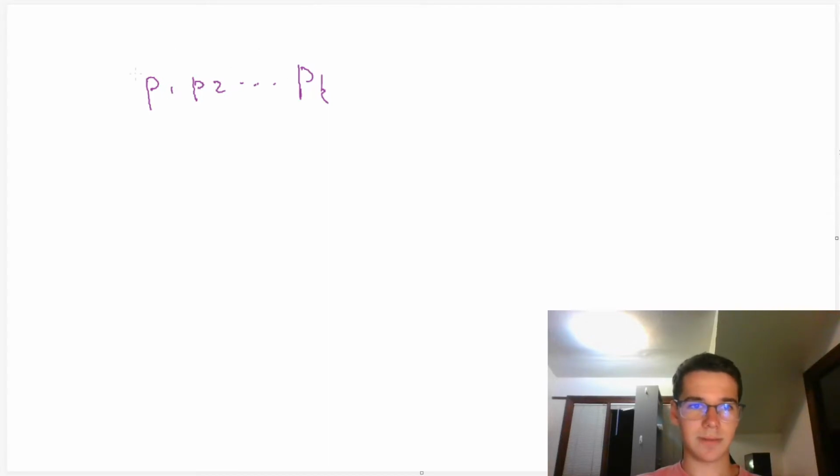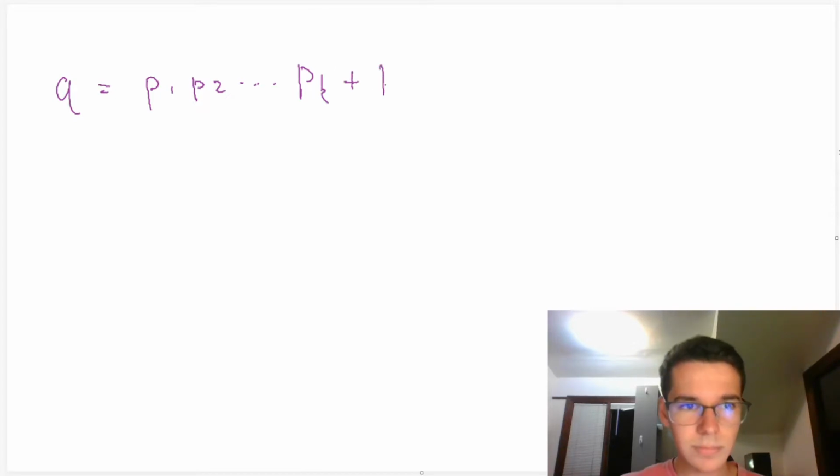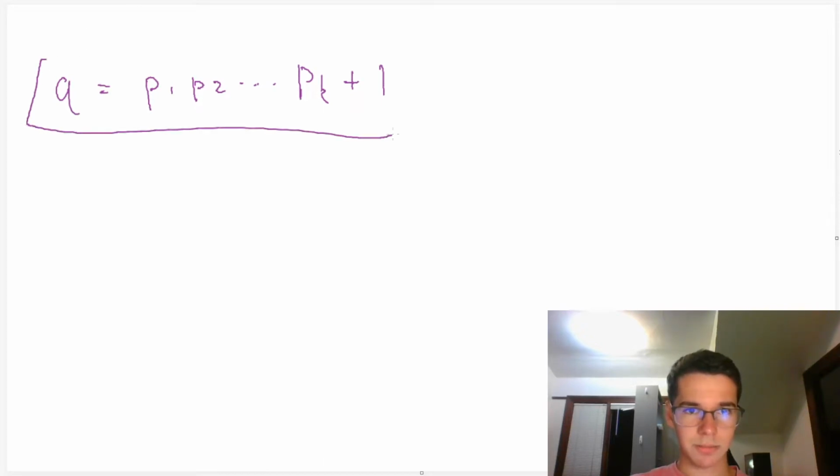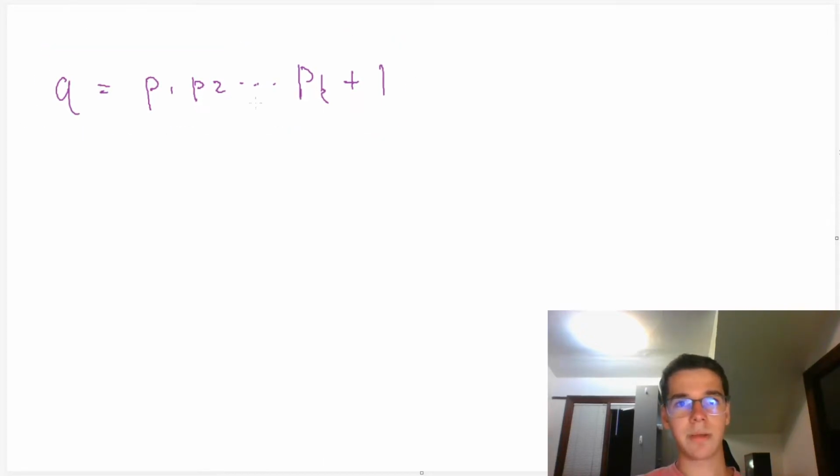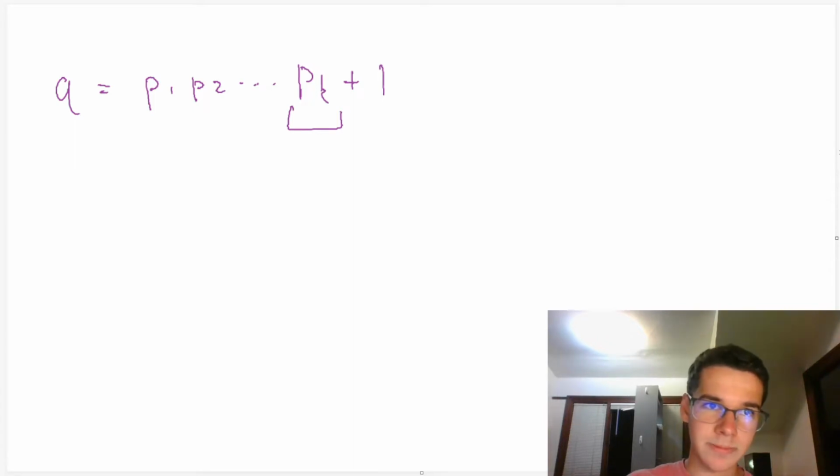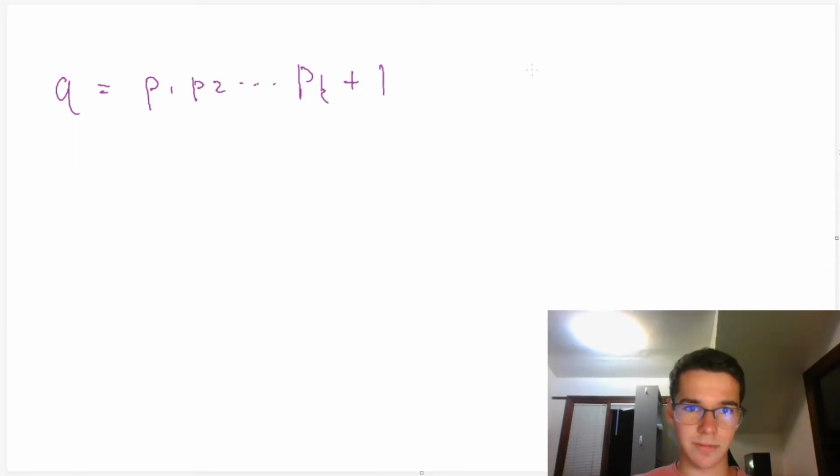And we're going to say there's this value Q that's going to be equal to the product of all the prime numbers plus 1. Okay? And we'll see why we have this in a bit. This number right here, by definition, cannot be prime because it is the product of all of the prime numbers plus one, and because it is simply larger than all the prime numbers, it can't be a prime number itself.